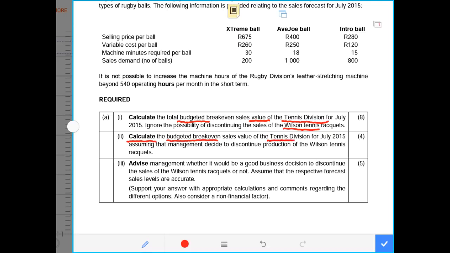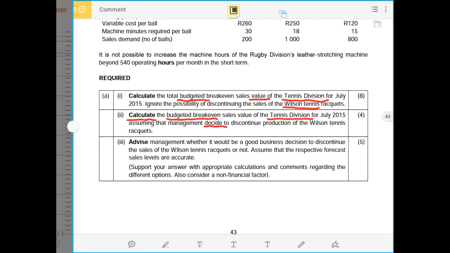This is still for the same first division for July, assuming that the management decided to discontinue the production of Wilson tennis rackets. So after they discontinue, how much will be the break-even units, which multiplied by the selling price would become the break-even sales value? Then after we'll also look at that.